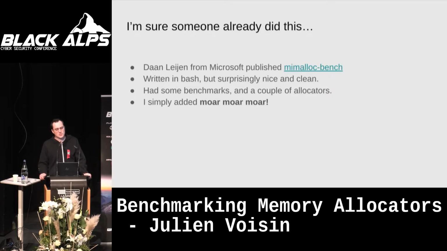I think it's used in Azure and a couple of other internal Microsoft things, but also in video games. So it must be quite good. Unfortunately, mimalloc-bench is written in Bash, but it was okay-ish. It had a couple of benchmarks, mostly mimalloc oriented, and other allocators. So I just added more stuff there.